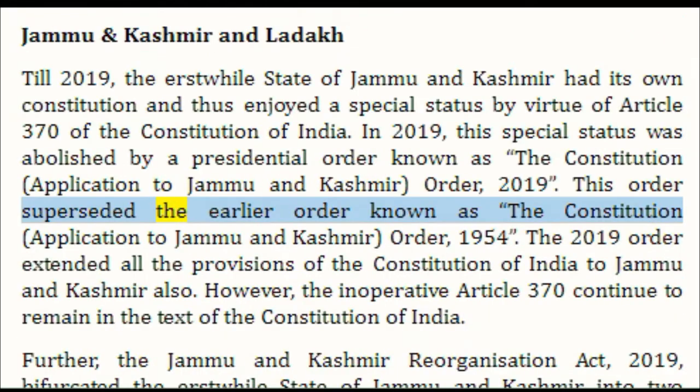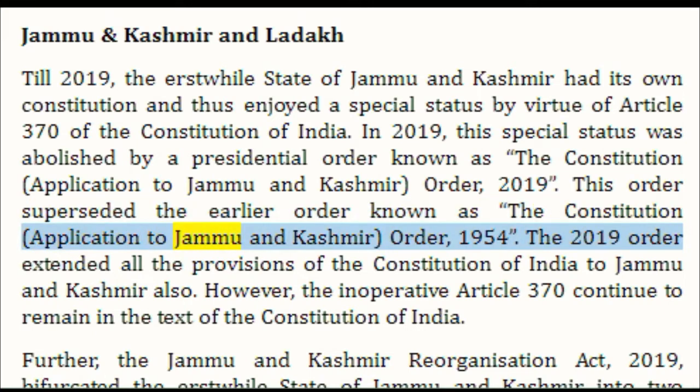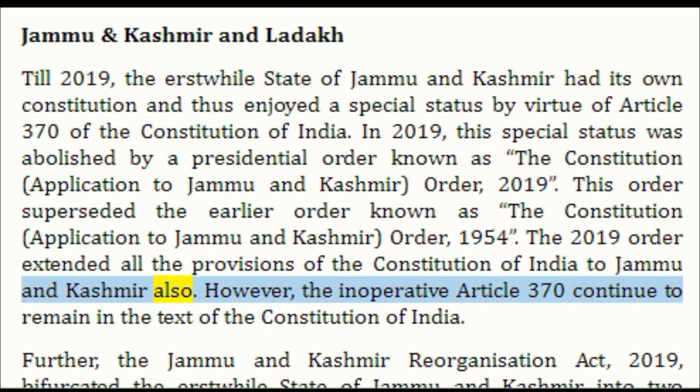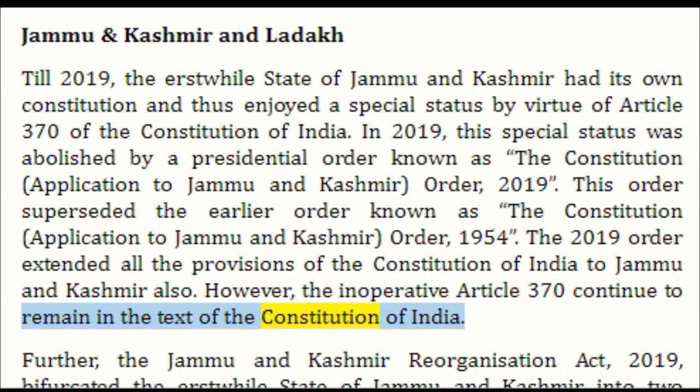This order superseded the earlier order known as the Constitution Application to Jammu and Kashmir Order, 1954. The 2019 order extended all the provisions of the Constitution of India to Jammu and Kashmir also. However, the inoperative Article 370 continued to remain in the text of the Constitution of India.